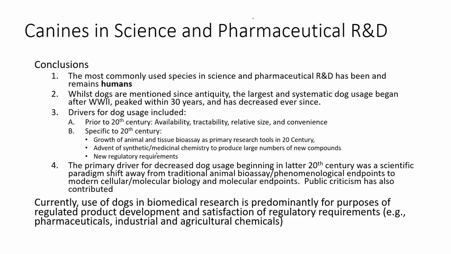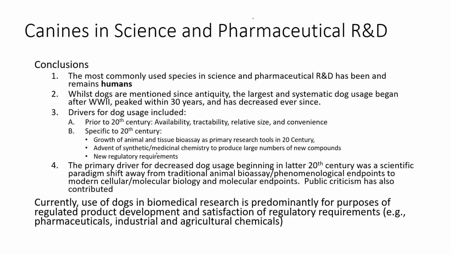So in conclusion, the most commonly used species in scientific and particularly pharmaceutical investigations have been and remain to this day humans. If you count the total numbers of humans used in a clinical development program, they will far exceed the numbers of animals in total used in all of research and development for that compound.